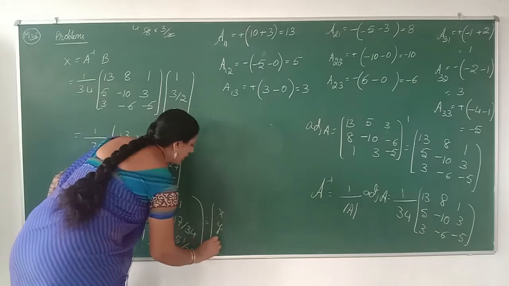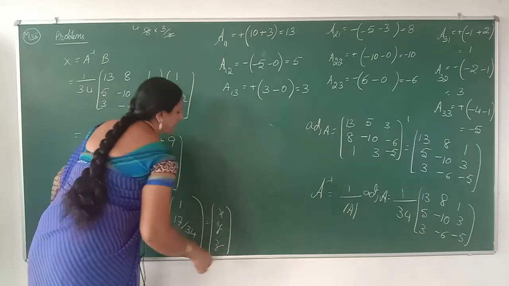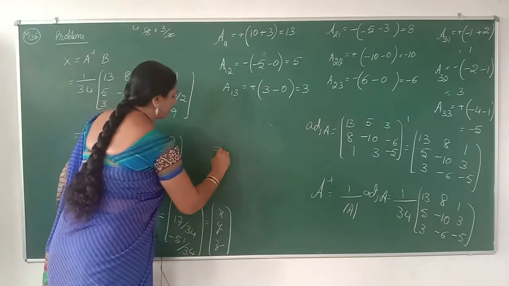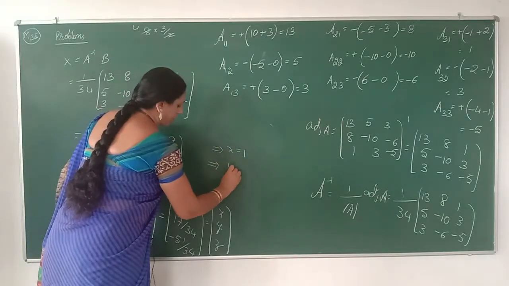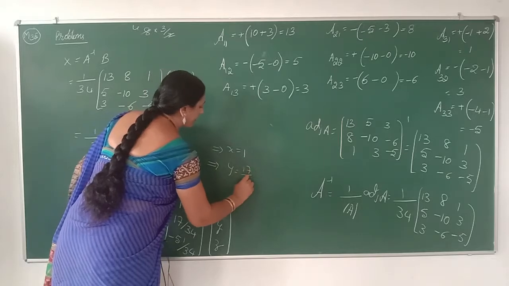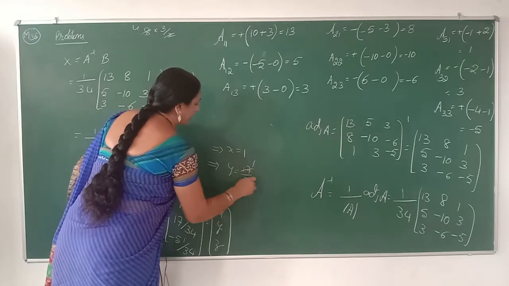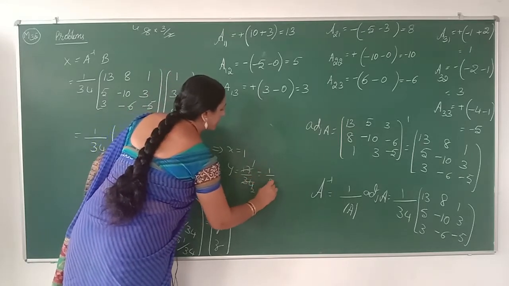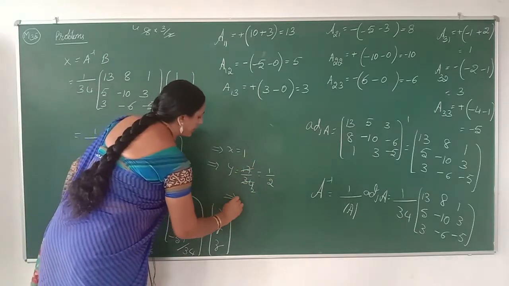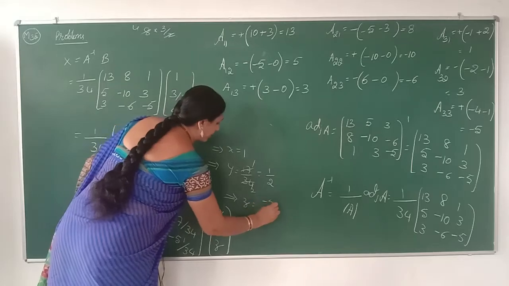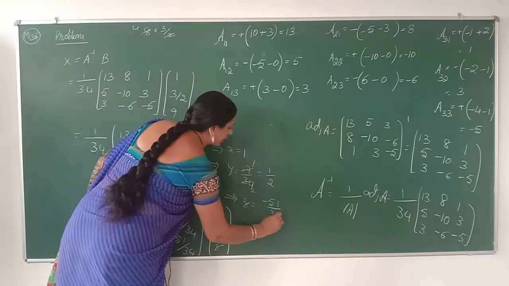Then equating with the corresponding elements, the value of x is equal to 1. Then the value of y is equal to 17 divided by 34. Otherwise 17 ones are 17, 17 twos are 34, it can be written as 1 divided by 2. And the value of z is nothing but minus 51 divided by 34.